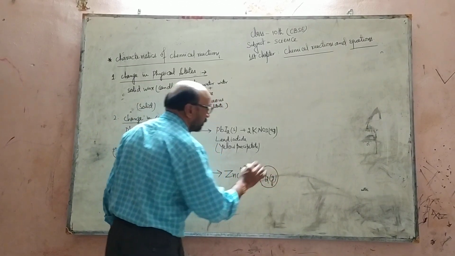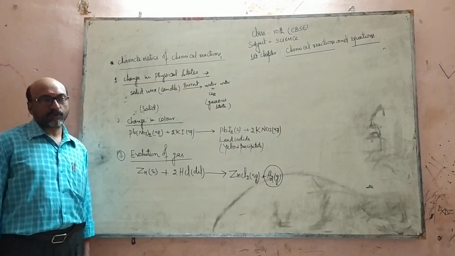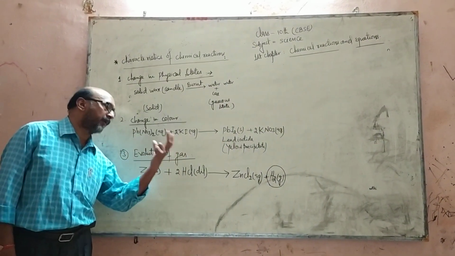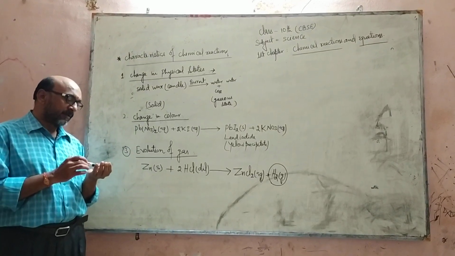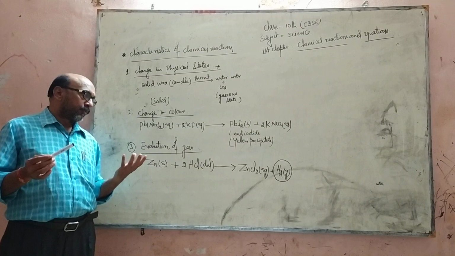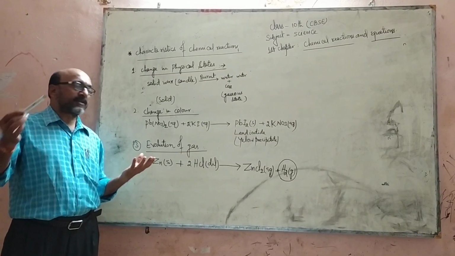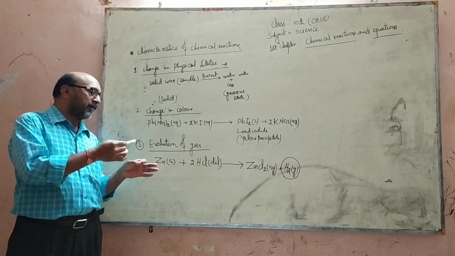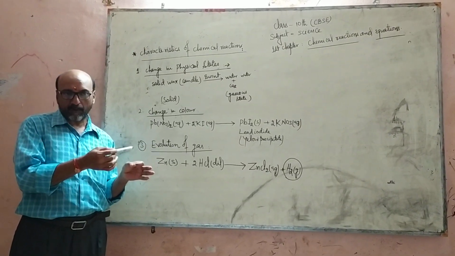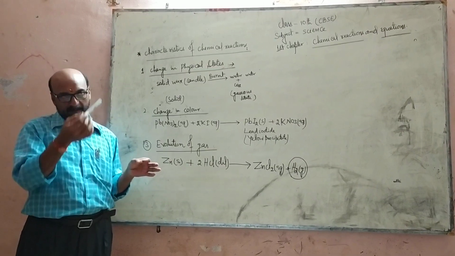The evolution of hydrogen gas in the reaction can be tested. To test the evolution of hydrogen gas, we bring a burning splinter near the mouth of apparatus from which hydrogen gas is evolving.